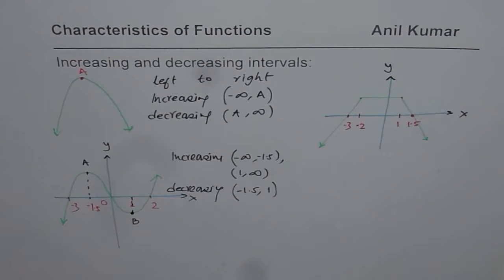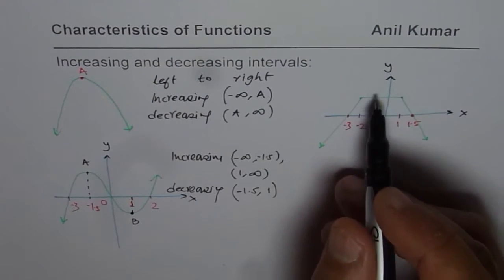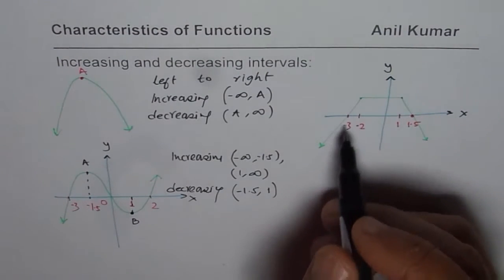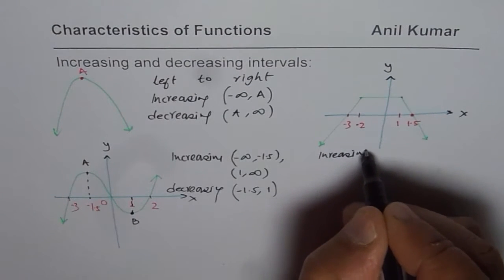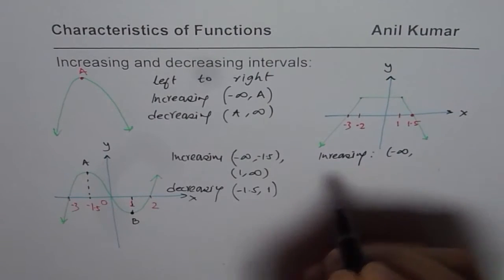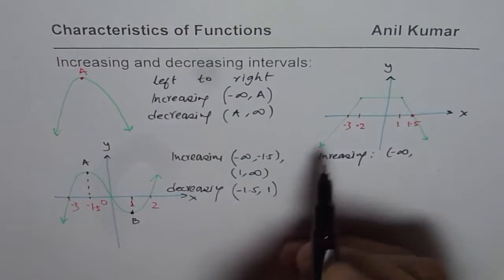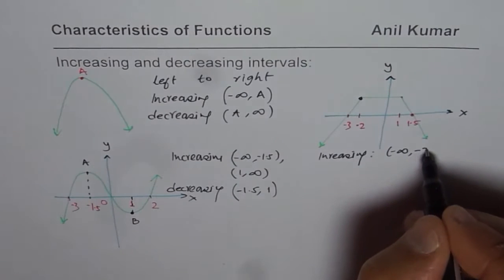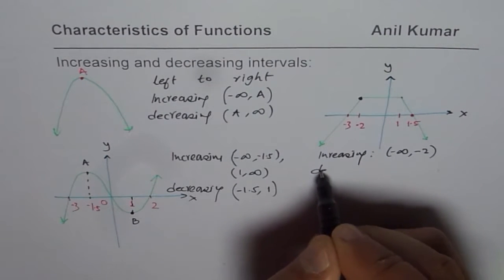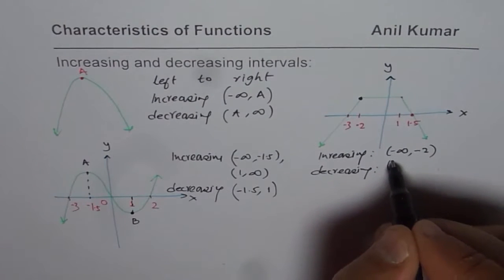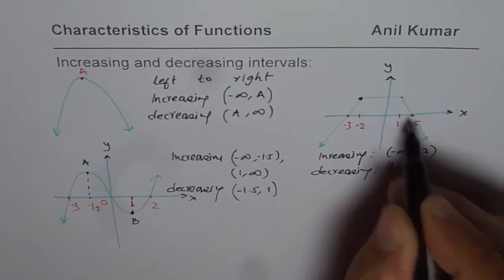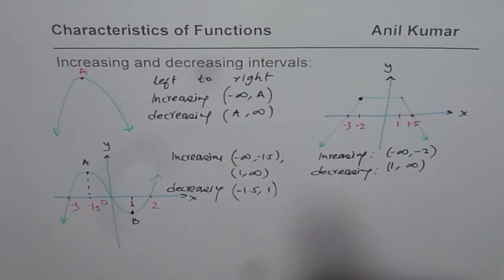So you can pause the video and answer the question. In this particular situation, what you see is that the function is increasing from minus infinity to which? Minus 3 or minus 2? To this point, right? Minus 2, and it is decreasing from 1 to infinity, correct? In between, it's a horizontal line, so it is neither increasing nor decreasing. You get the idea, right?